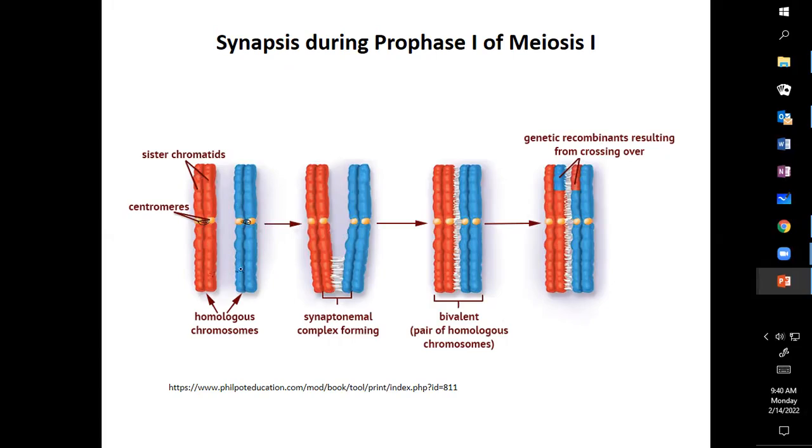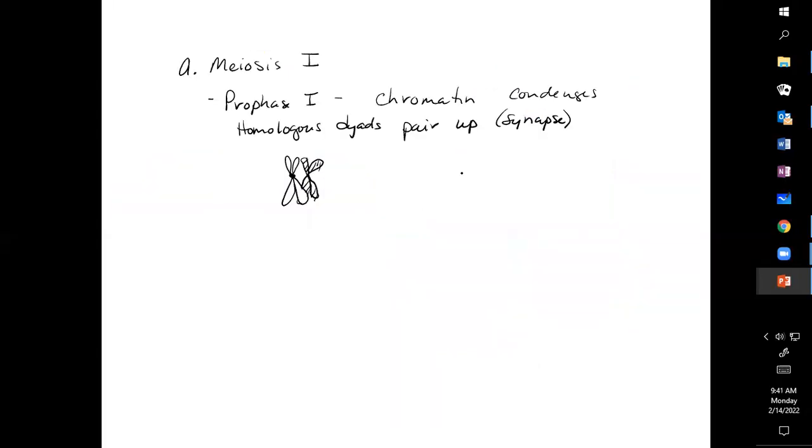So these are homologs to each other, but they're not sisters. They physically associate, like they almost zip up together. And so this process is synapsis, and it occurs during prophase 1. My artwork didn't do it justice, but essentially these would zip up together during prophase 1.